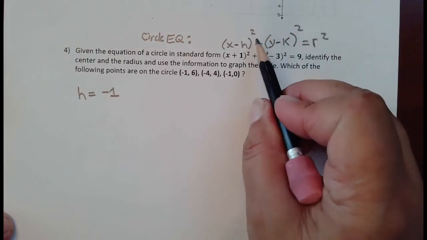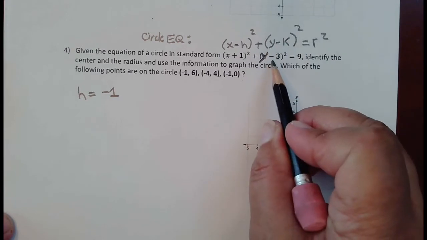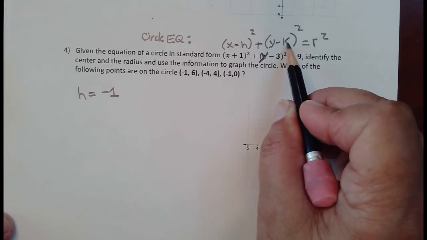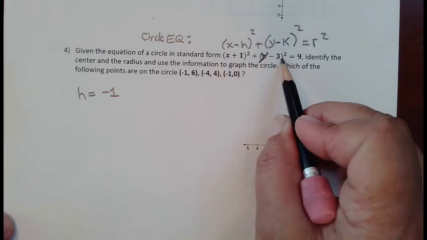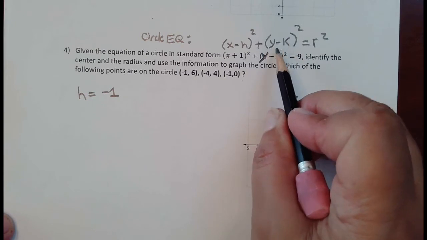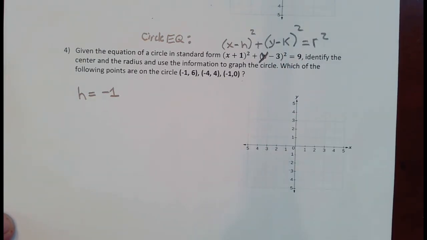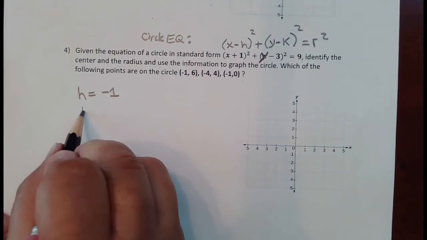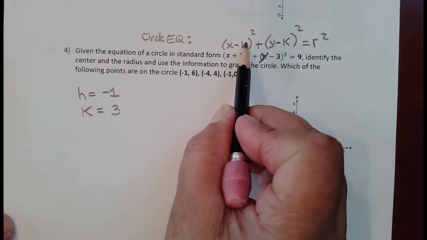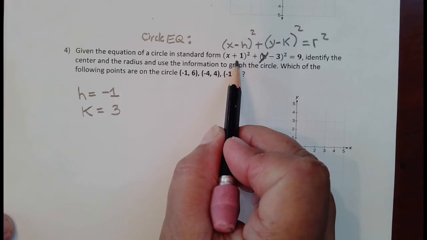As far as what must have got plugged in and then squared to give you 9, well, go the opposite way. Take the square root of this if you want to know what the r value is. So r happens to be 3.